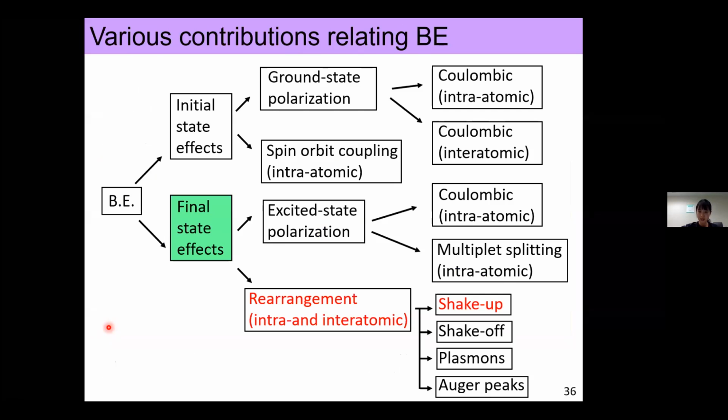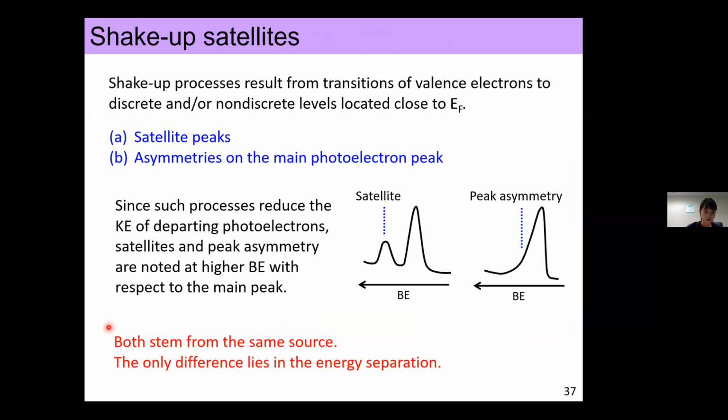The first one is shake-up. The shake-up process results from the transition of valence electrons to discrete and/or non-discrete levels located close to the Fermi level. So this appears as a satellite peak or asymmetry of the main peak.